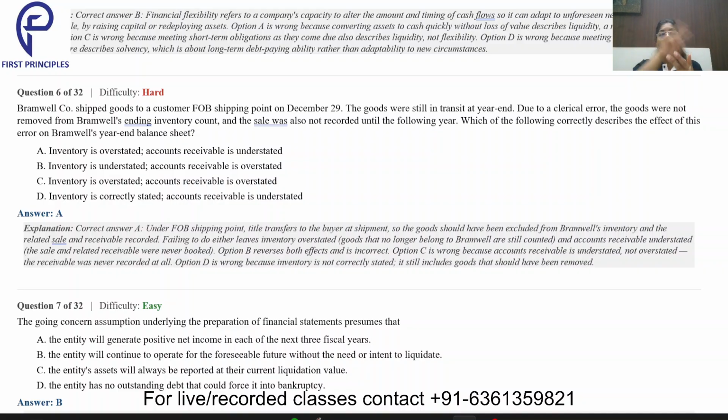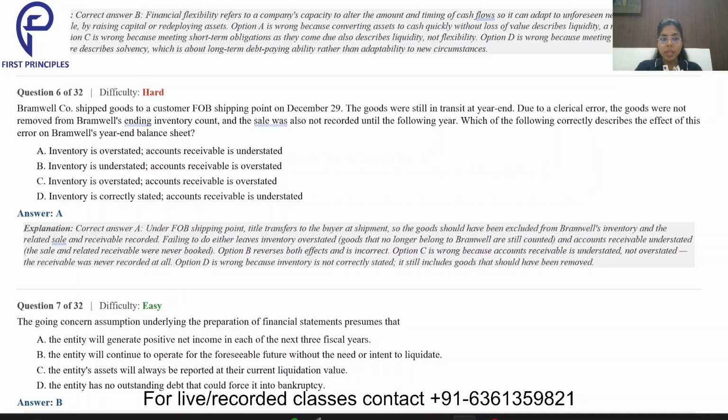And again, for a debit there should be a credit. So if the inventory is being recorded in the customer's books, then what do we need to do? We need to record a sale and show either a cash receipt or accounts receivable, right?